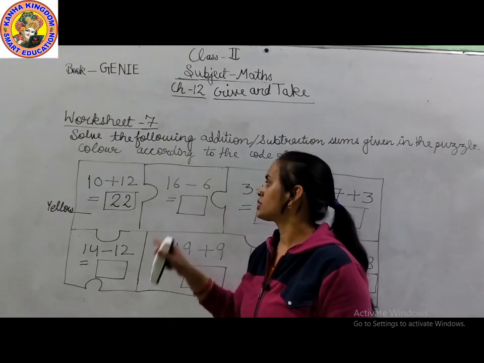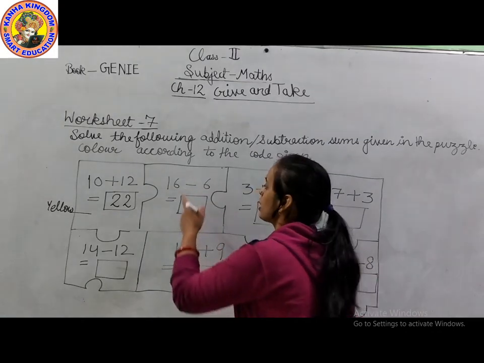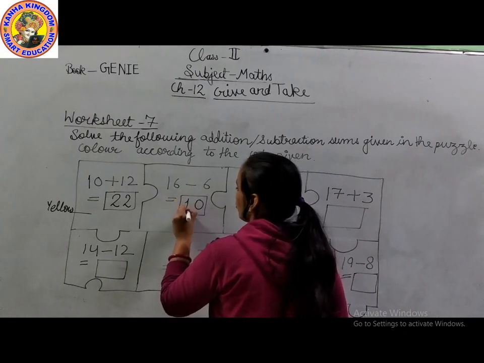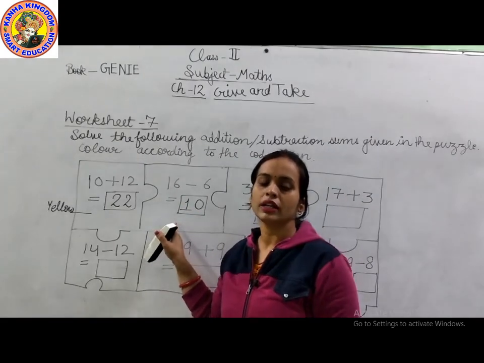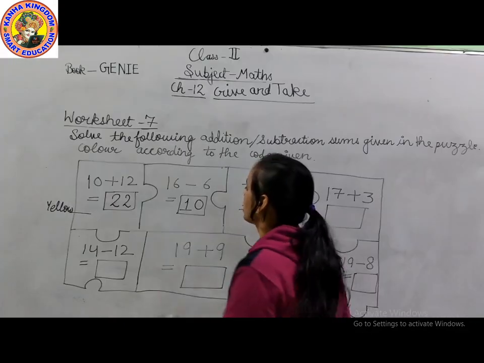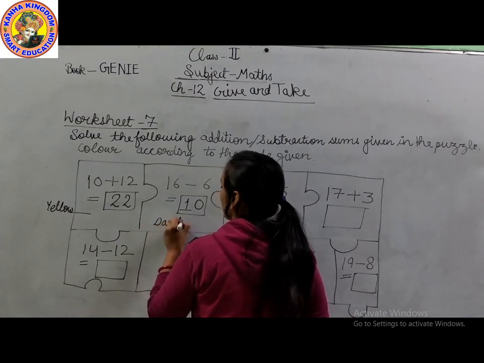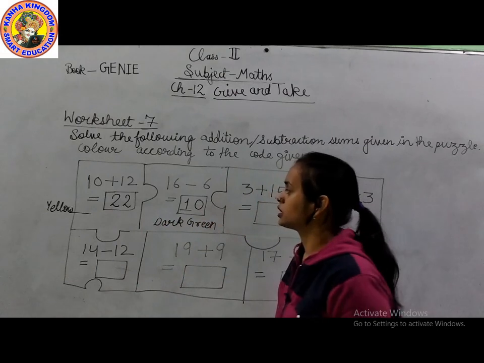Okay. Next question is 16 minus 6. So 6 minus 6, 0, 1. Now 10 color code is dark green. So fill dark green color in this block or puzzle.